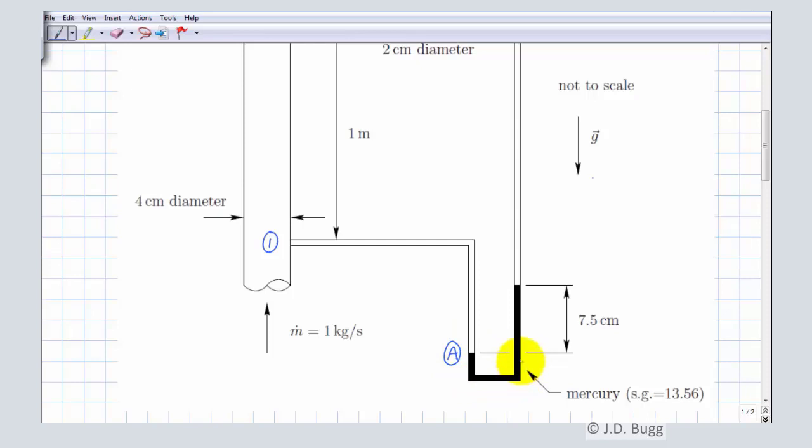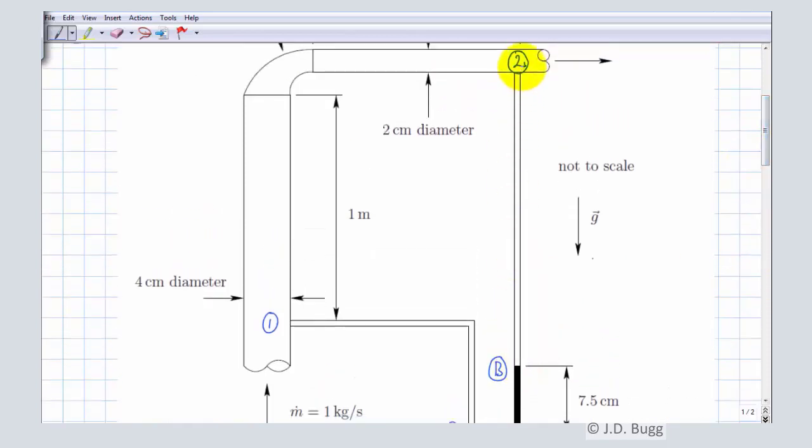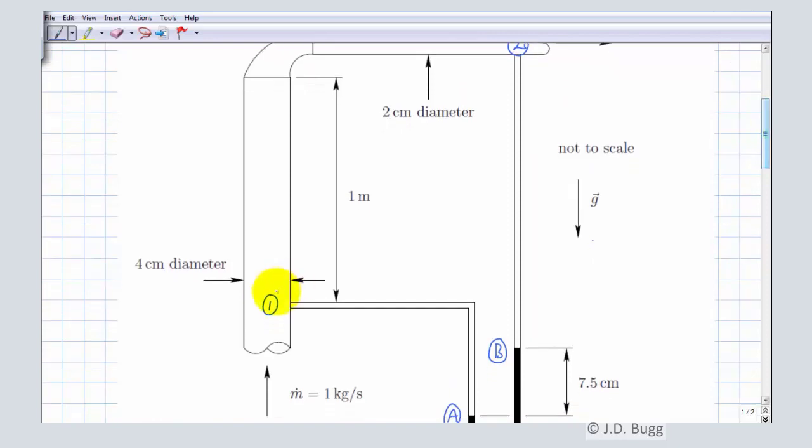Continue on, still mercury. This point here, changing from mercury back to water. And then, of course, the rest of the way, it's water. So the very first step of the manometer problem is to represent this pressure difference as the sum of that pressure difference plus this pressure difference plus that pressure difference.